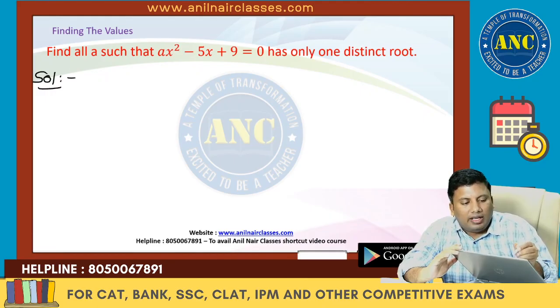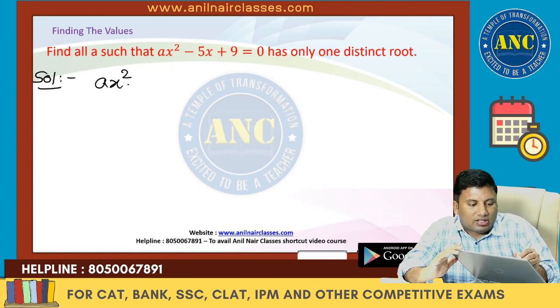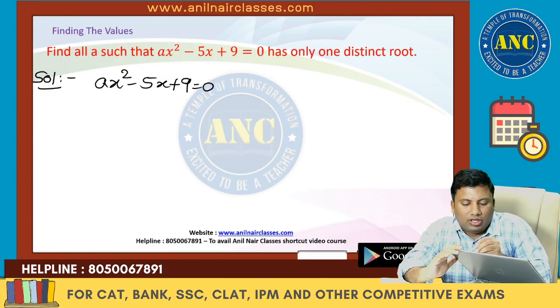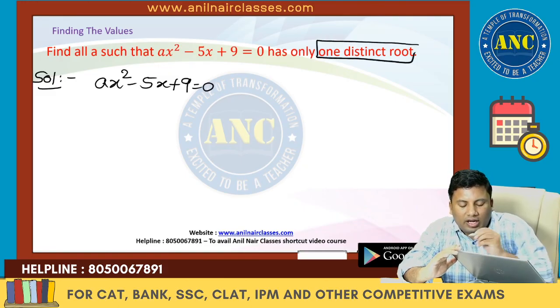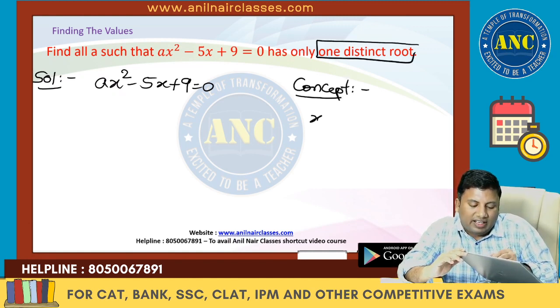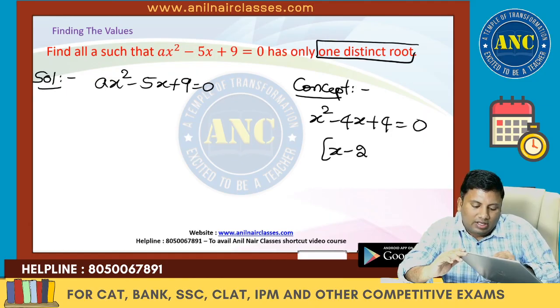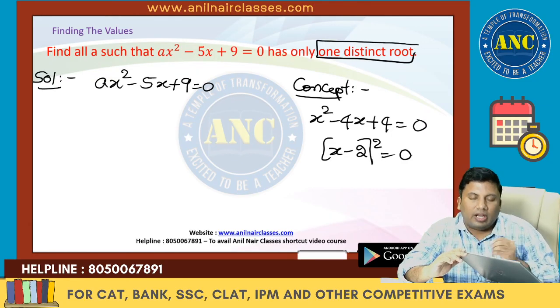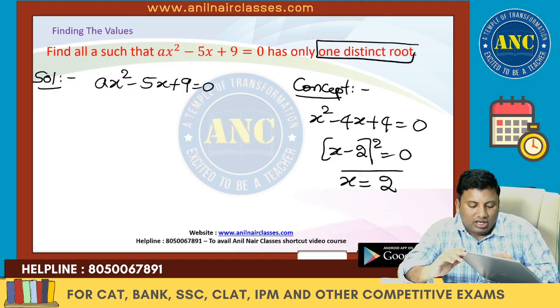Find all a such that ax square minus 5x plus 9 equivalent to 0 has only one distinct root. Concept: suppose I take x square minus 4x plus 4 equivalent to 0. This is x minus 2 whole square equivalent to 0. X minus 2 is 0, x is 2.